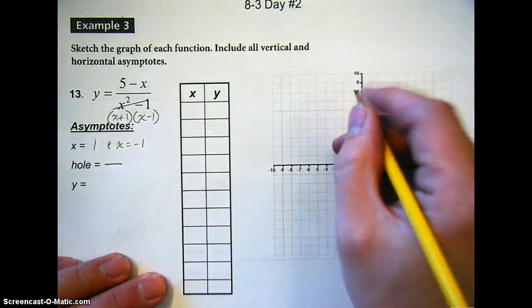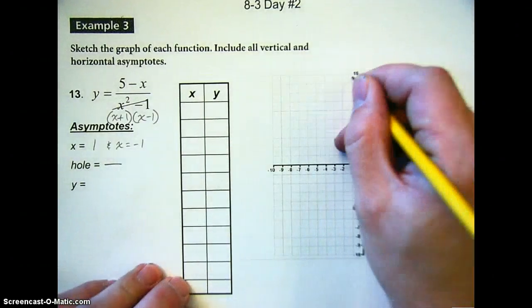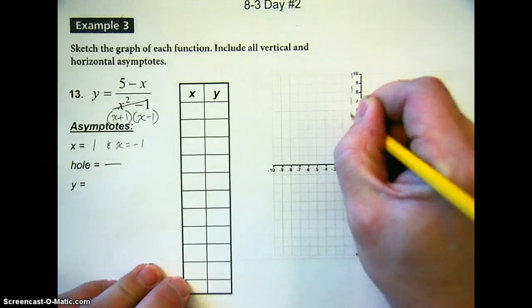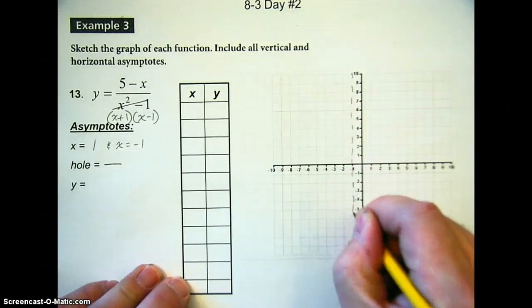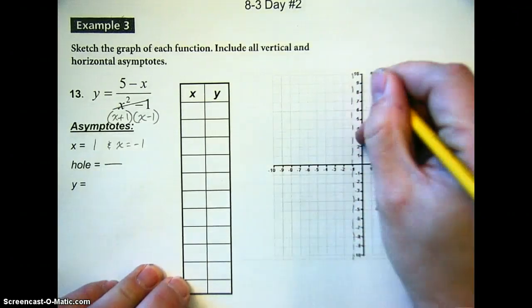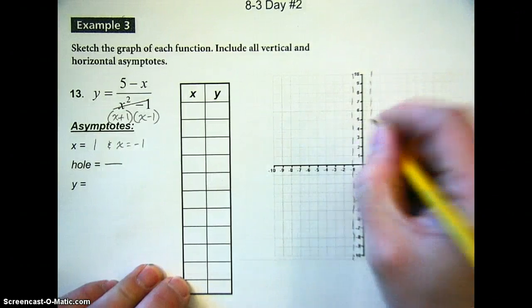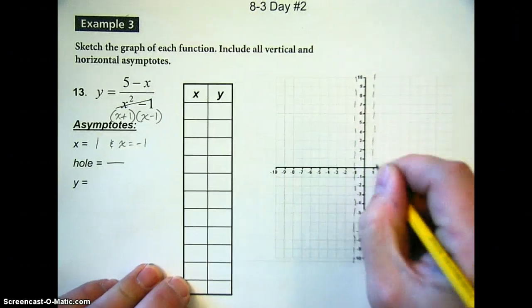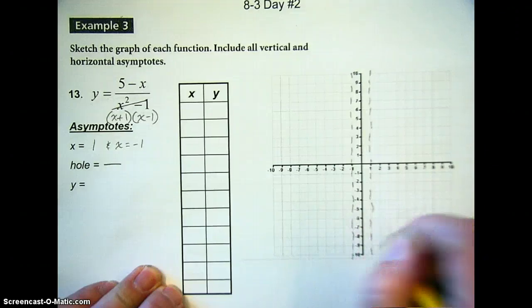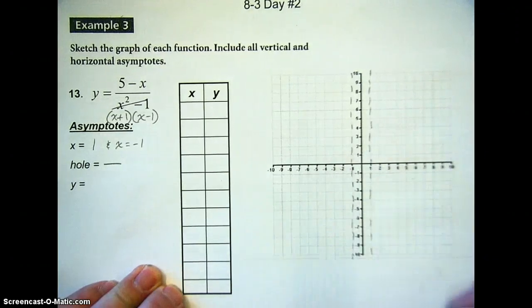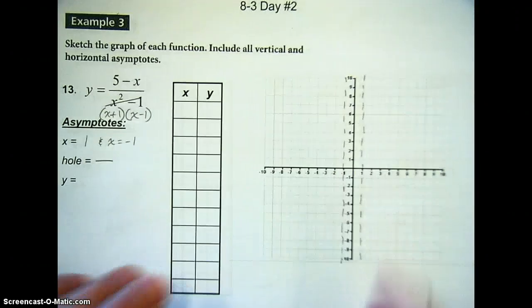I'm going to have one here at negative 1. And I'm going to have one here at positive 1. Which means I have the potential for having 3 branches. Okay?